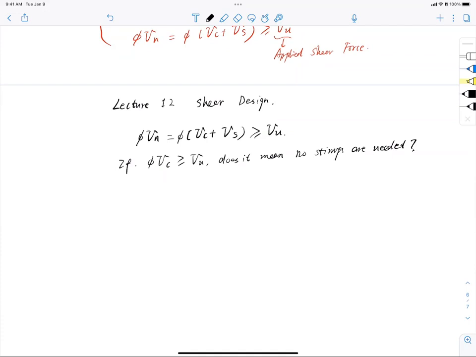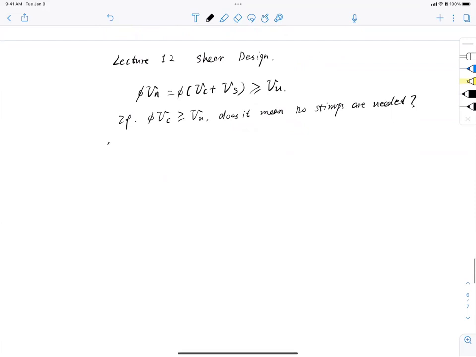Do I need any stirrups or don't I? In this case, ACI 318 says no, you still need them. This is section 9.6.3.1 of ACI. ACI dictates that minimum reinforcement is needed.